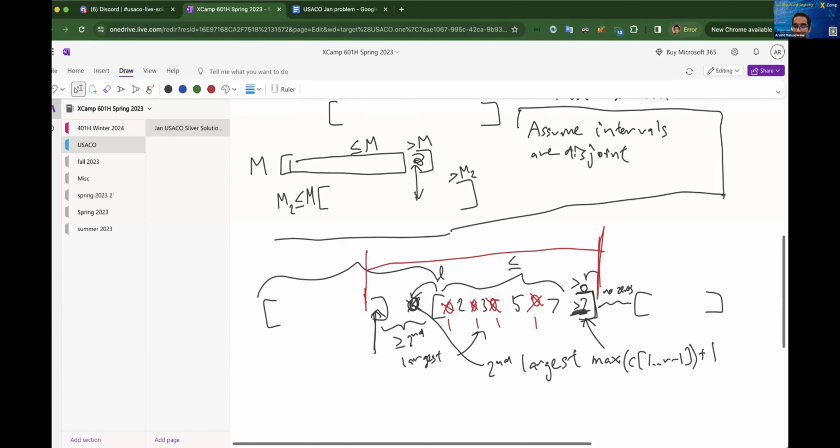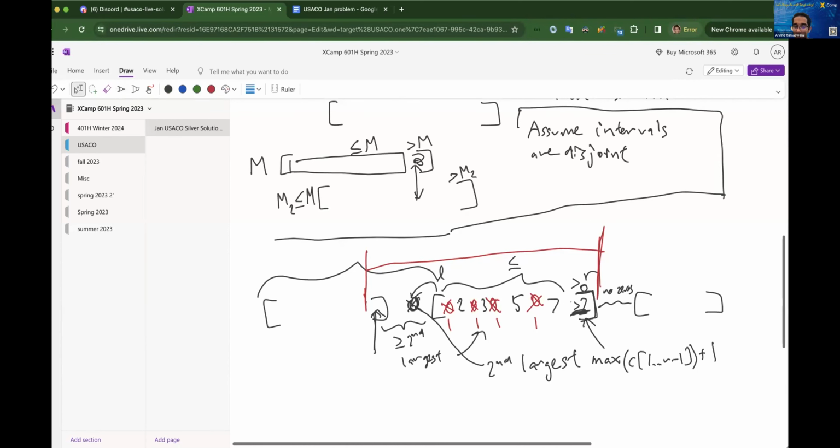So that's essentially the idea. Let me summarize. We can reduce the problem to something where the intervals are all disjoint, and then we can process the intervals one by one. Within each interval, you can greedily set the zeros equal to 1. We argued earlier that the prefix max to the left must be at least the second largest element.